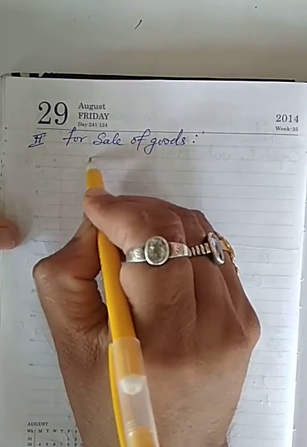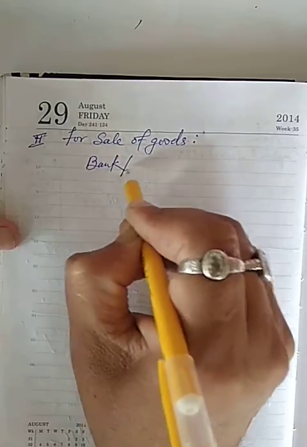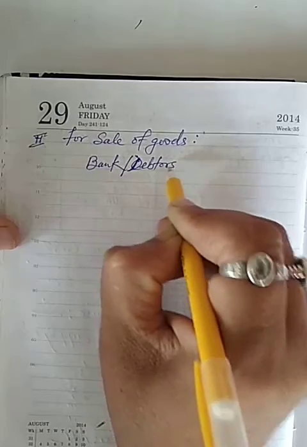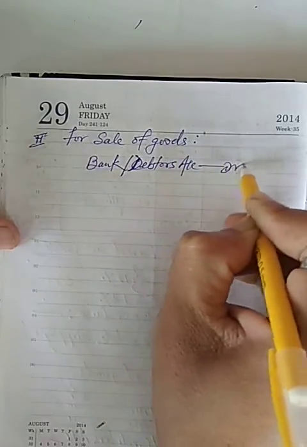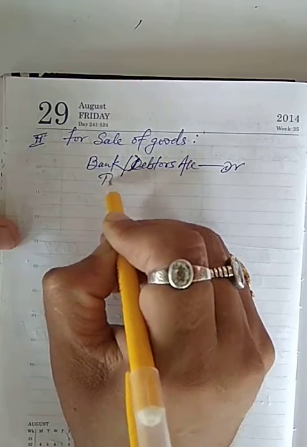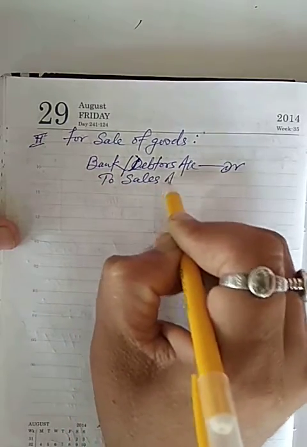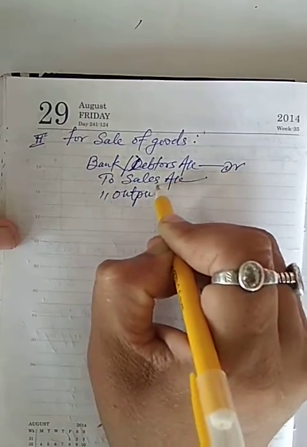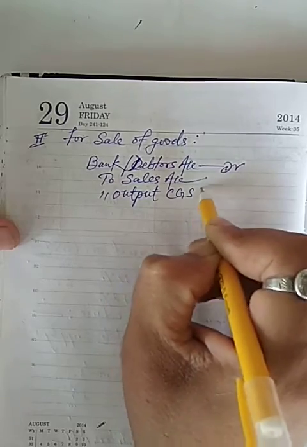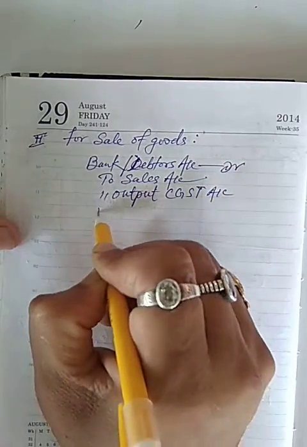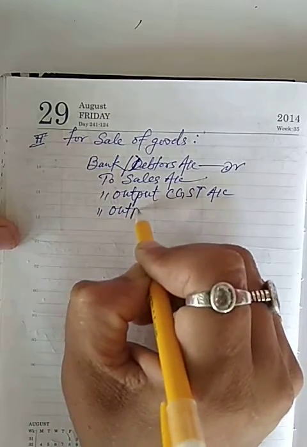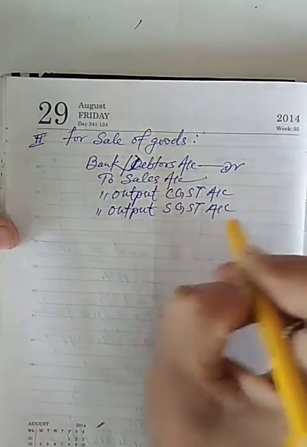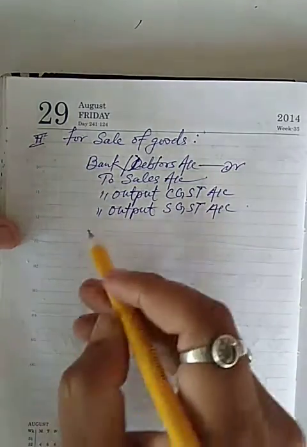Journal entry will be: bank account or debtors account DR, to sales account, to output CGST account, to output SGST account. Being goods sold.